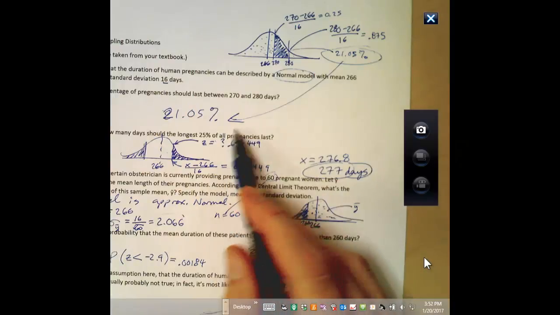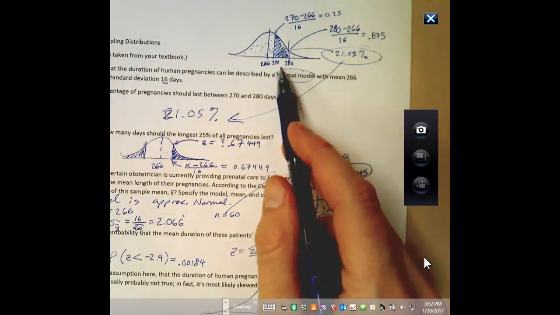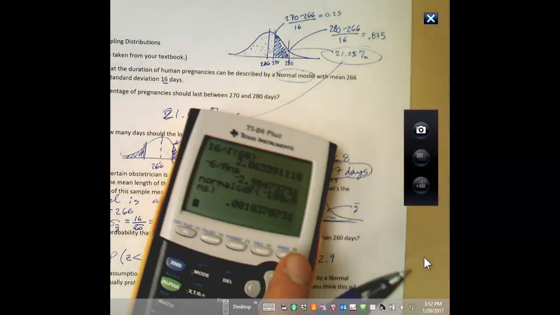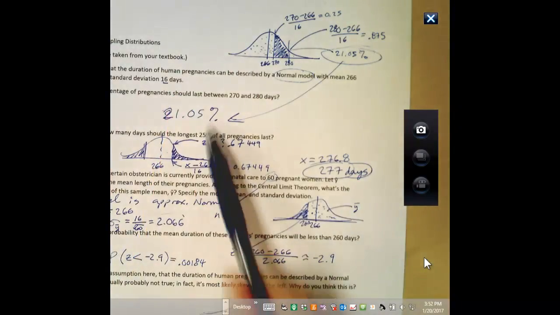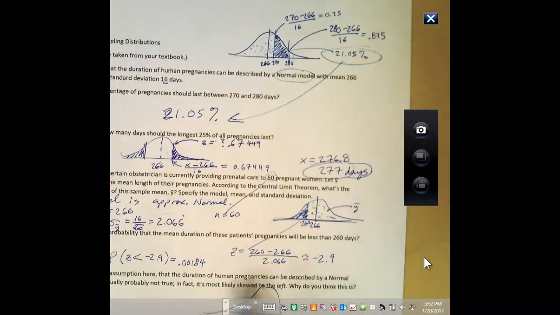And so based on that assumption, we used norm CDF in the calculator to calculate this answer and to calculate this answer. And you know, we can't do that if it's not a normal model. We don't know if it's skewed. We don't know what the percents are. That's some other chart, and maybe no chart exists for the particular thing that we have.